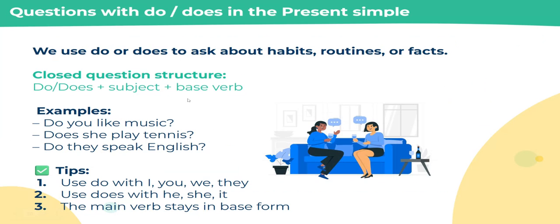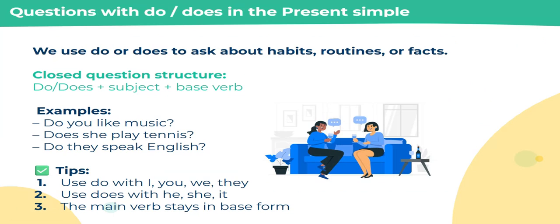Okay, well, let's have a look at the third question form in today's lesson, which is with do or does. Questions with do or does in the present simple. We use do or does to ask about habits, routines, or facts.